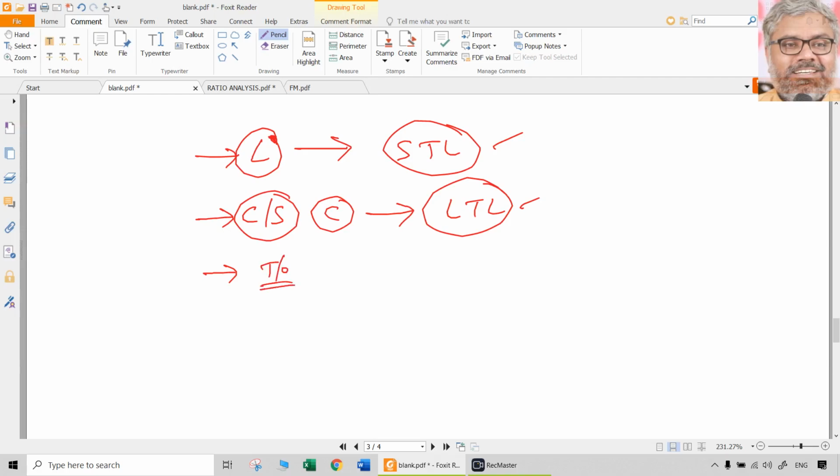This will be mostly internal management looking at them. These are not for outsiders. Outsiders may not be much interested in that. Mostly the management will be more interested in that, so that it can increase its efficiency. And that is why if you observe, most of these things are a little bit related to costing also. That is why management accounting, costing, whatever we call it, management will be interested in knowing them. It wants to improve its efficiency by having these turnover ratios better.